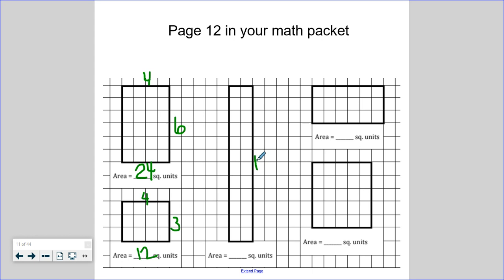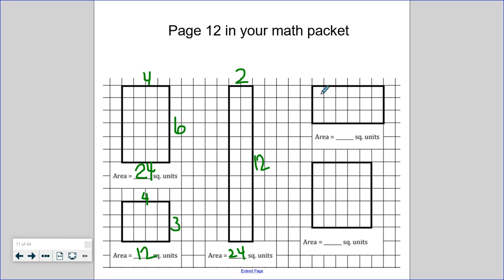Goodness, that is a long rectangle. So that has a length of 12 and a width of 2, just a little baby. So how do I find the area? Length times width. Good job. 12 times 2. 12 times 2 is 24. Excellent.